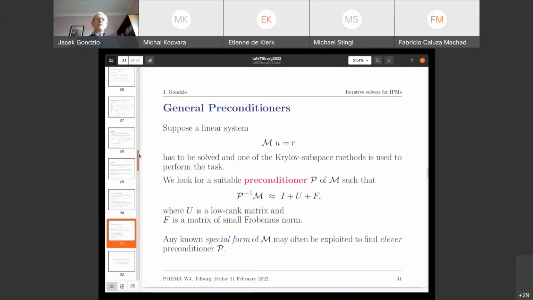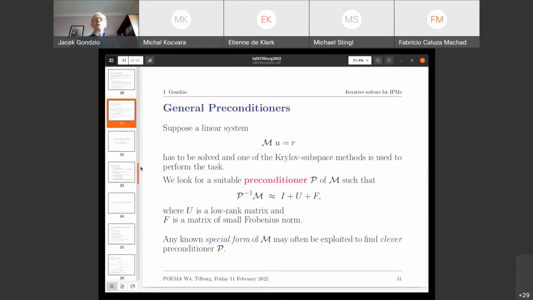So in the rest of my talk, I will not be presenting the preconditioners in detail, but I will show you a number of applications in which this approach was implemented, and it led to sometimes spectacular computational results.